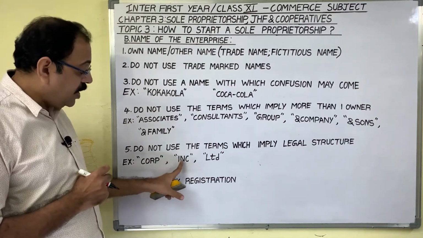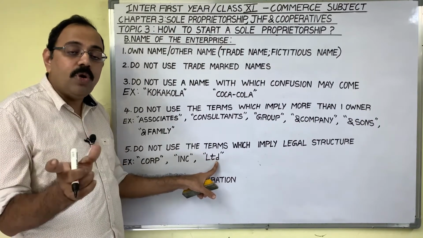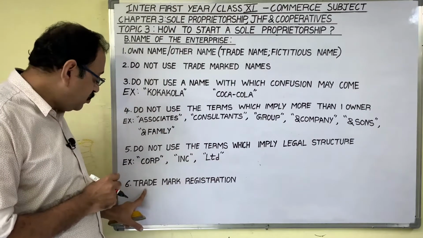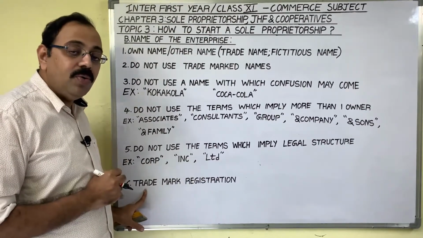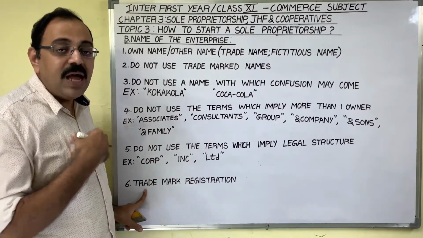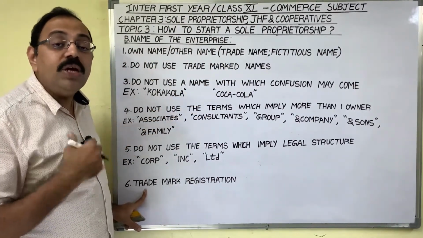Words like CORP, INC, LTD, etc., a sole proprietor should not suffix to his firm name. Then the last one, it is advisable to register his organization name with the government. Otherwise, another person may use the same name. Then you may lose your customers.